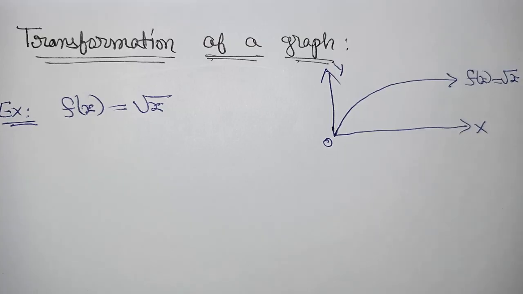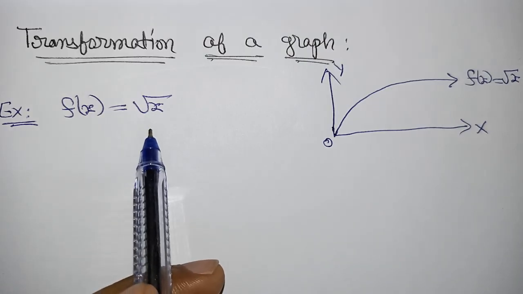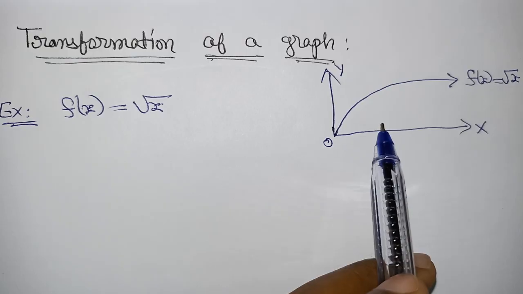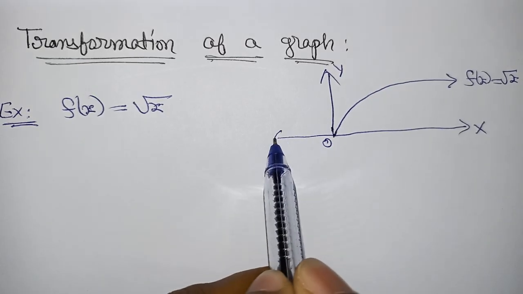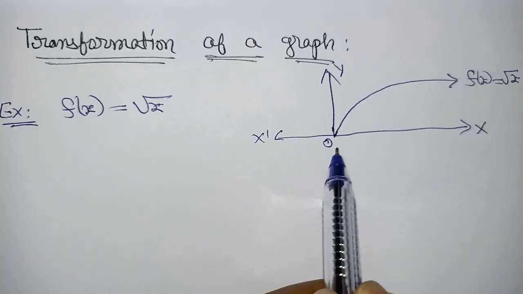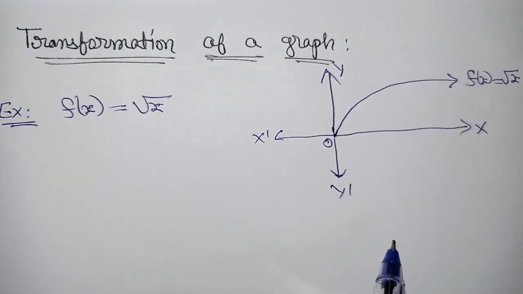So we need to transform and check all the behavior of this graph, how the graph is changing, and whenever we modify this function, what will happen in this graphical representation. So this is the negative part of the x-axis and this is the negative part of the y-axis, correct?